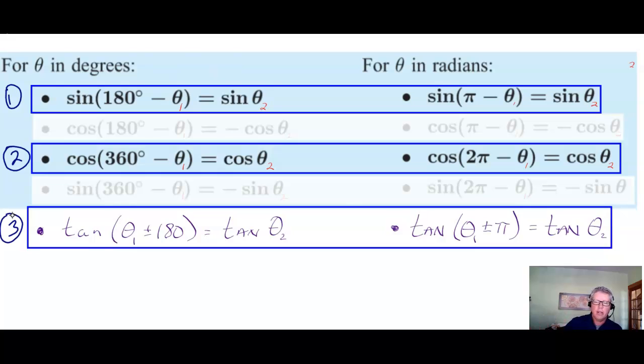They're neat, but it's not something we use all the time. The 1, 2, and 3 are what you want to have. So pause it and write those down. I did put subscripts there; hopefully it works for you. All right, hopefully you have those. Now let's go put them in action.